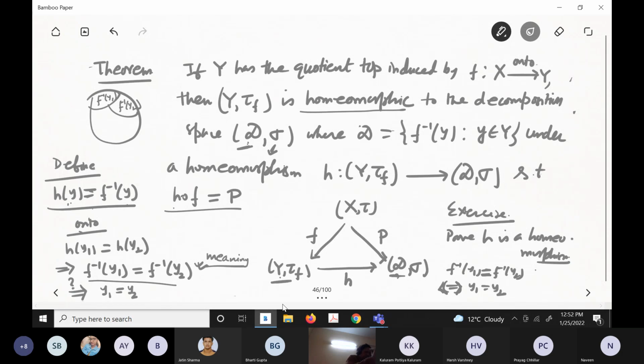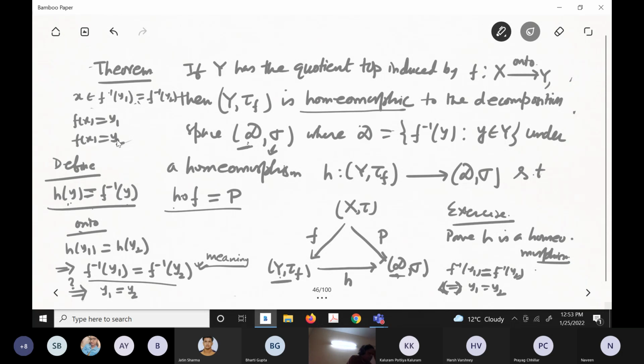Look what I am going to do. Let me see that. If y1 not equal to y2, suppose x belongs to both, this will mean f(x) equal to y1 and f(x) equal to y2.